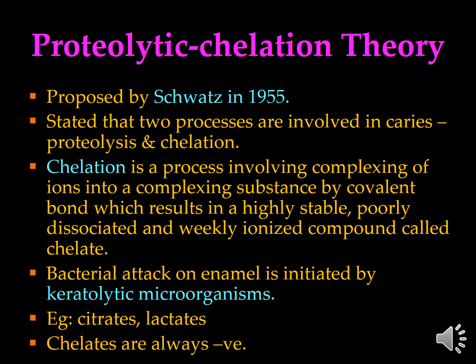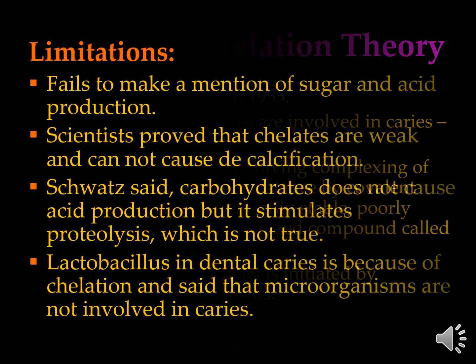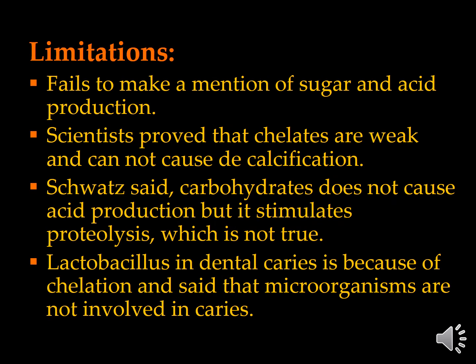The bacterial attack on the enamel is initiated by keratinolytic microorganisms, except for the citrates and the lactates. The limitation of Thiel's theory was that it failed to mention sugar and acid production. Scientists proved that chelates are weak and cannot cause decalcification. Schwartz said carbohydrates do not cause acid production but stimulate it.